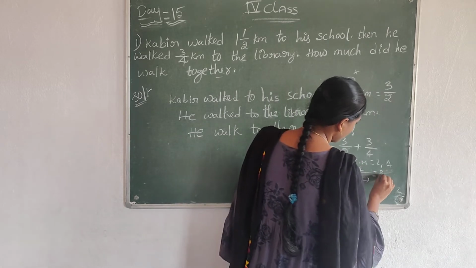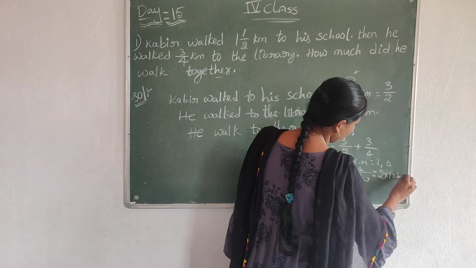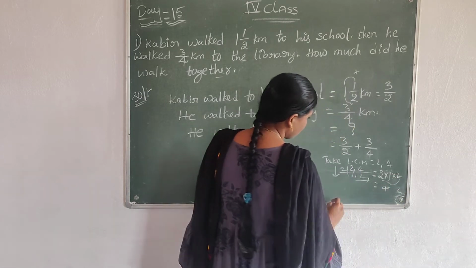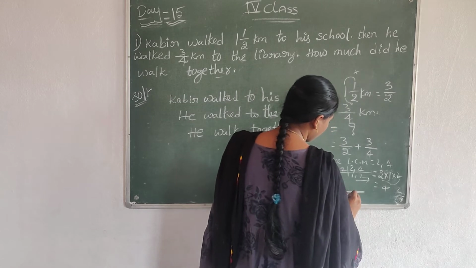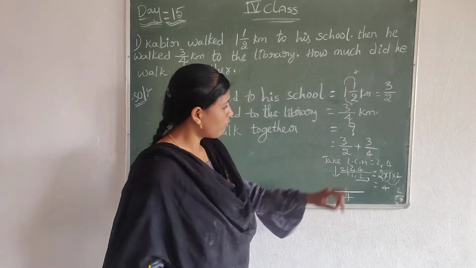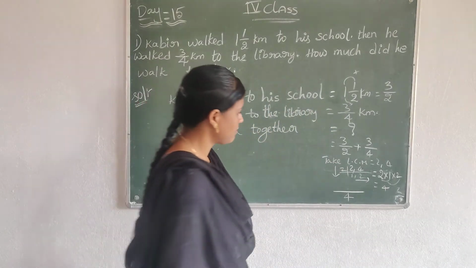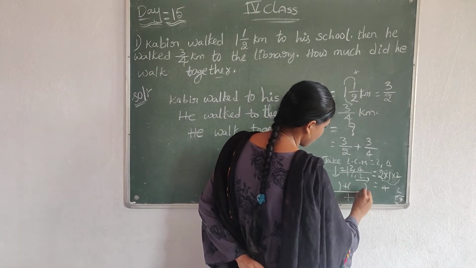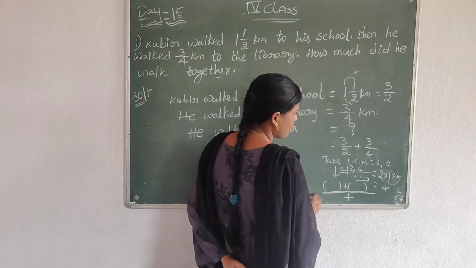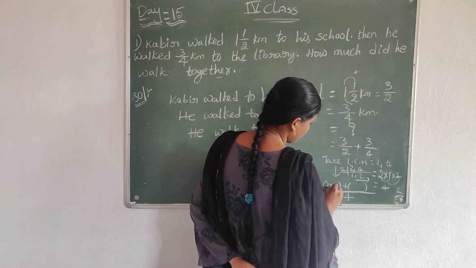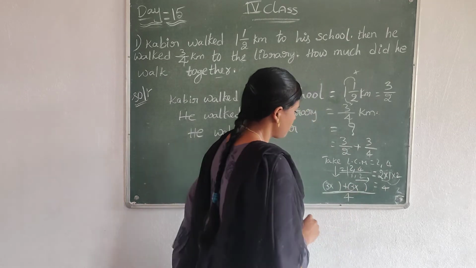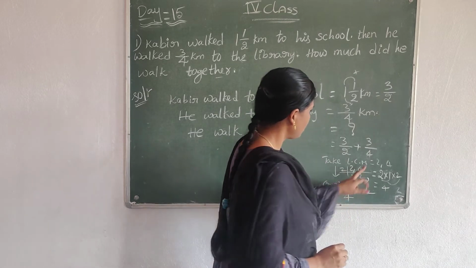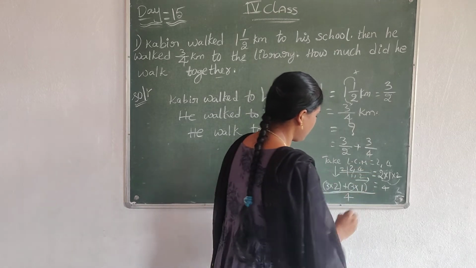See here, 2 into 1 into 2. How much is 1 into 2? 2 twos are 4. So the denominator is 4. What are the numerators? We have 2 fractions, 2 brackets. Okay, 3, 3. 2 how many times cancel here? 2 times. 4, 1 time.